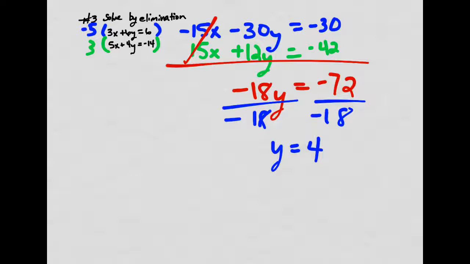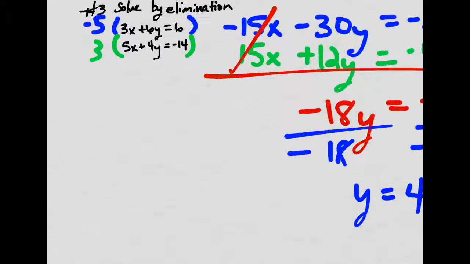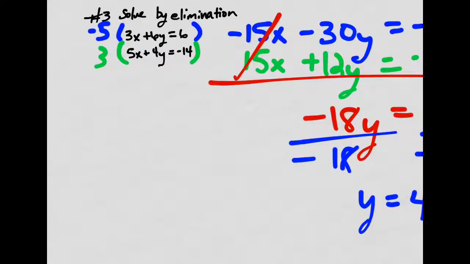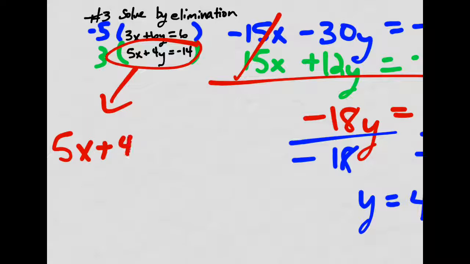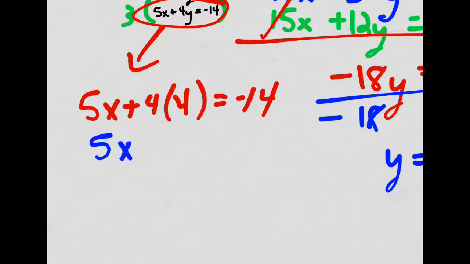Then I need to pick one of the equations and plug 4 into it. I'm going to pick the bottom one and plug 4 in. So that's going to be 5x plus 4 times 4 equals negative 14, which gives me 5x plus 16 equals negative 14. Divide by 5.